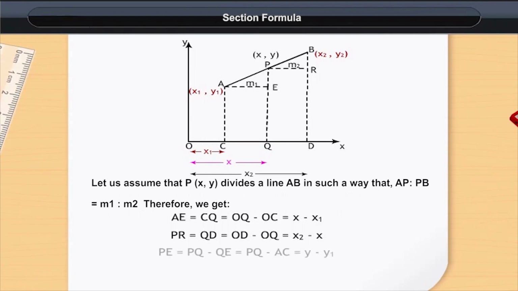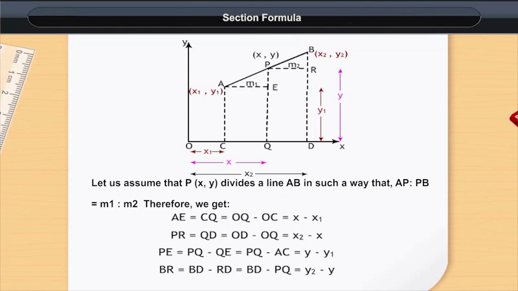Therefore, we get AE equal to CQ equal to OQ minus OC equal to x minus x1. PR equal to QD equal to OD minus OQ equal to x2 minus x.